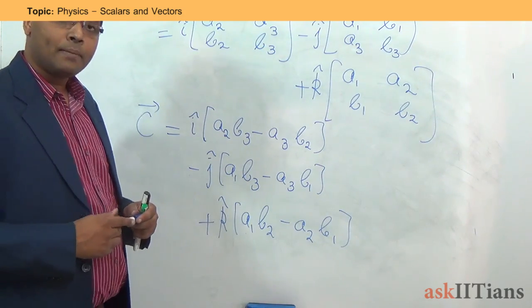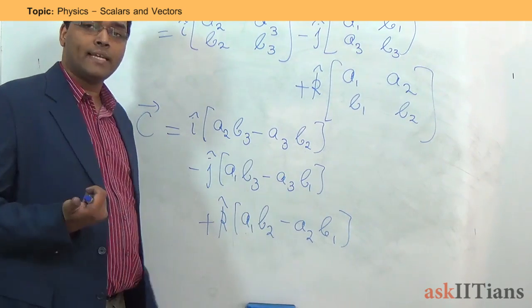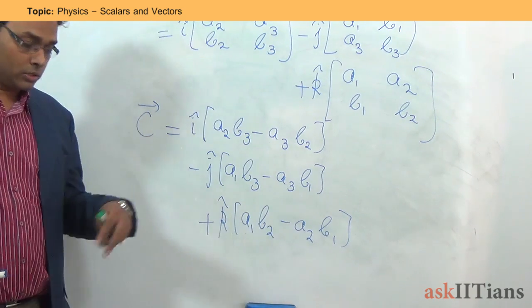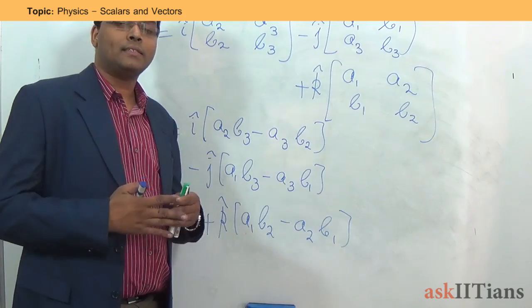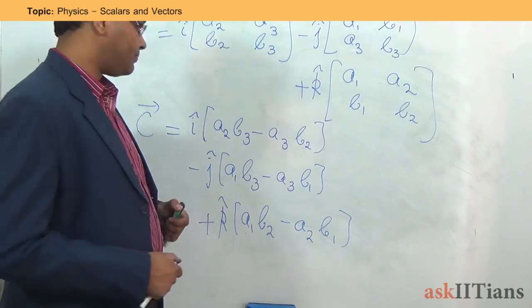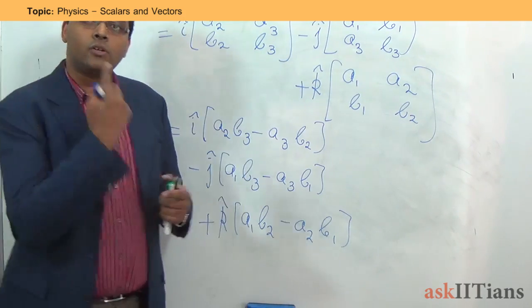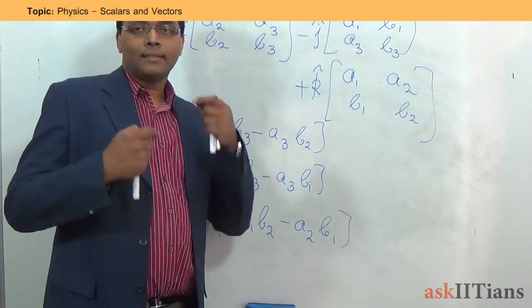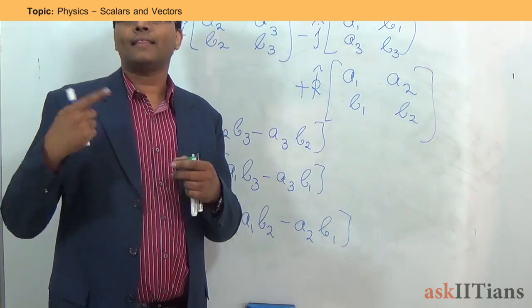Now what are the physical applications? You find out the energy. How do you find out the energy? When the force is in the same direction as the displacement produced, we say that the energy is maximum. So that is what involves the dot product. Whereas when you are trying to move something in, let's say, a circular path, obviously in that case you need to define something that is perpendicular to both the radius and the force.